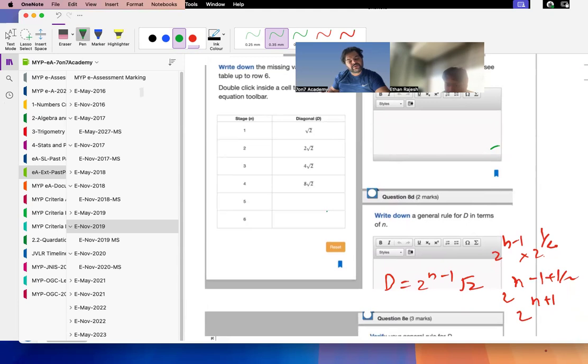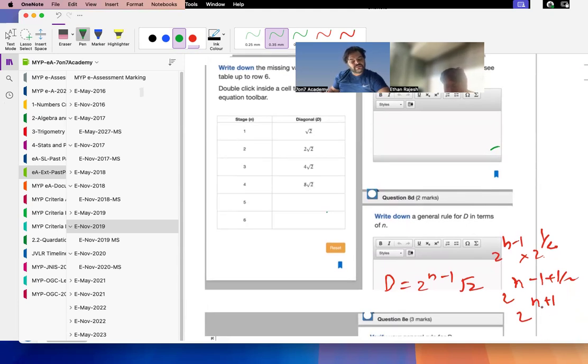So this is 2 raised to half. If you want to write it more precisely, you can write 2 raised to n minus 1 into 2 raised to half, then 2 raised to n minus 1 plus half. Combined, this would give 2 raised to n minus half.